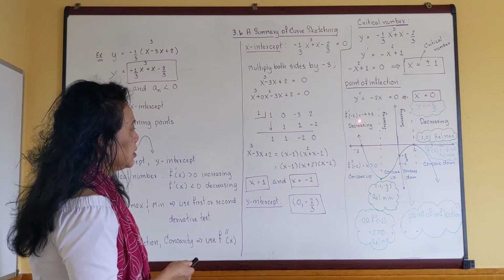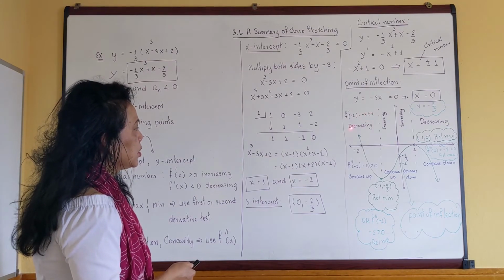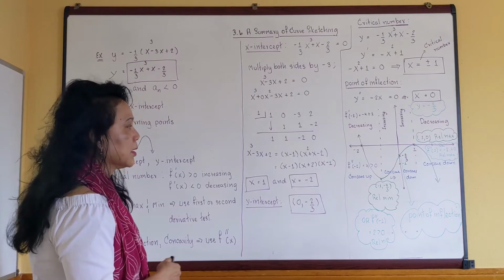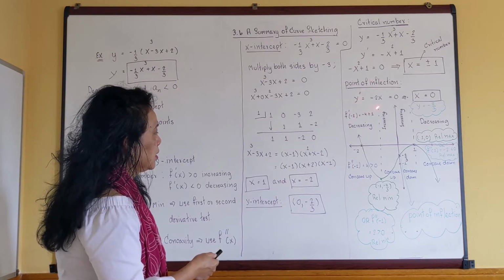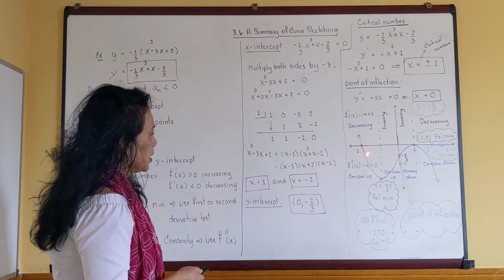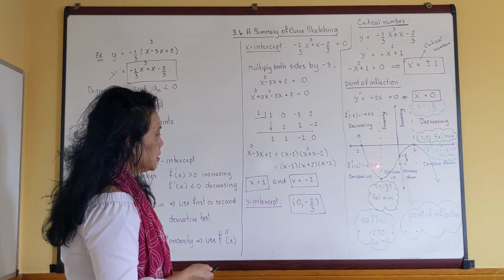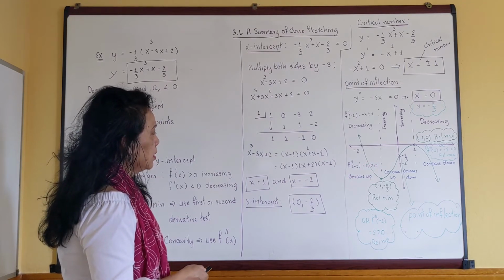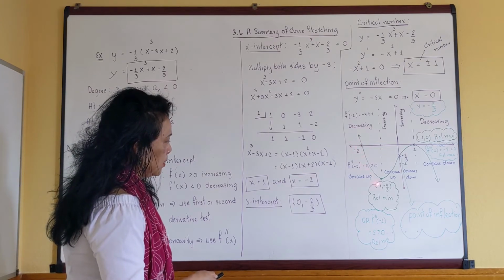I choose negative 2, plug it in, I have a negative number, which is decreasing, right? From the second derivative, in this region, I plug in negative 2 as well, then I have 4, which is positive, which means it's concave up. So decreasing and concave up.